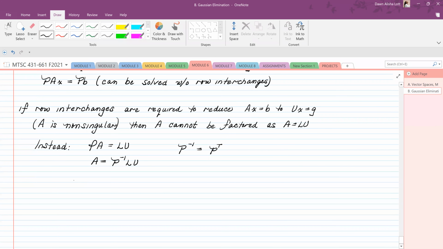So that implies that A is equal to P transpose L times U. But this thing is no longer lower triangular.